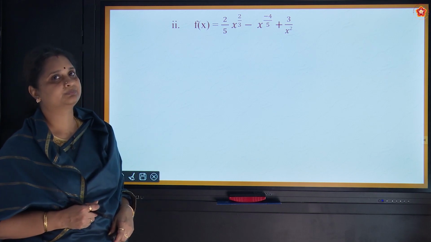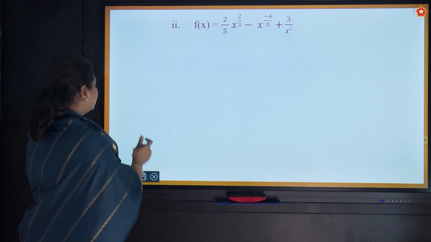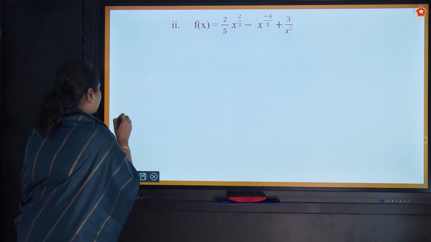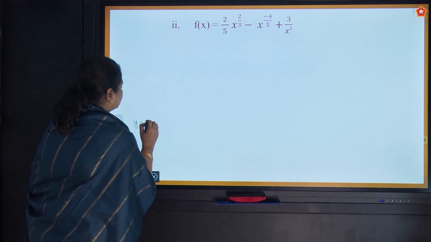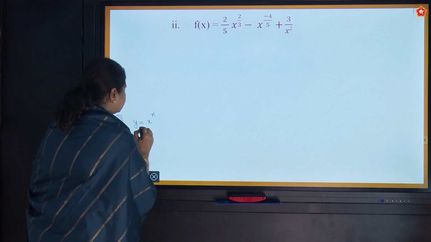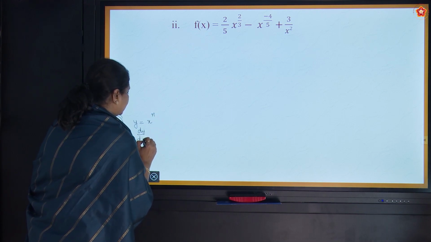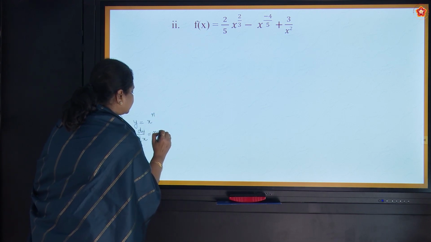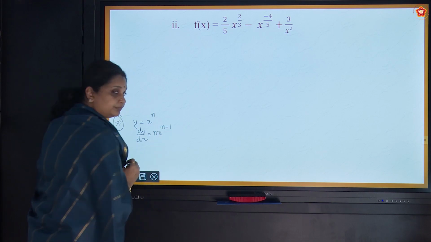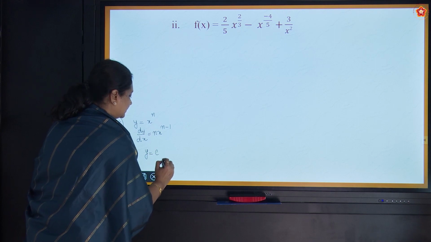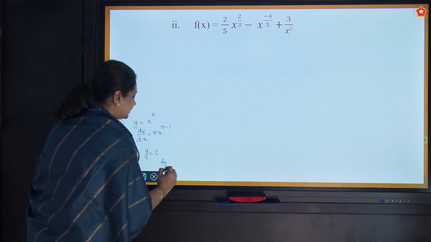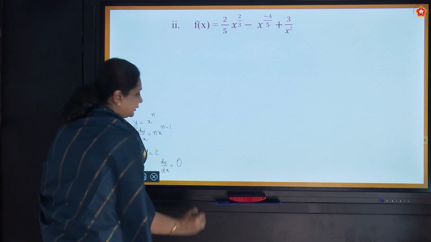next question. So again, let's put the facts that we have, the formulas that we have. So y is equal to x power n. My dy by dx is going to be n x power n minus 1. And if my y is a constant, my dy by dx is going to be 0.